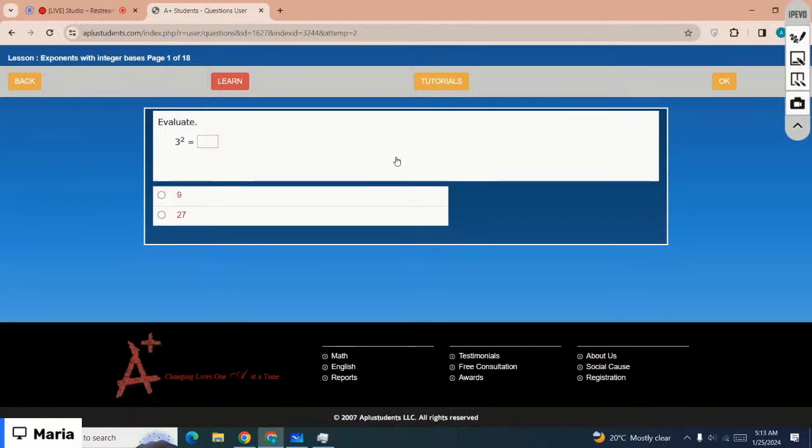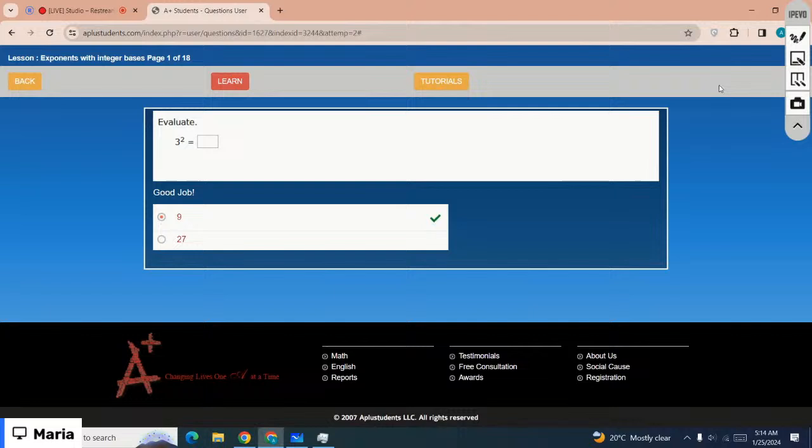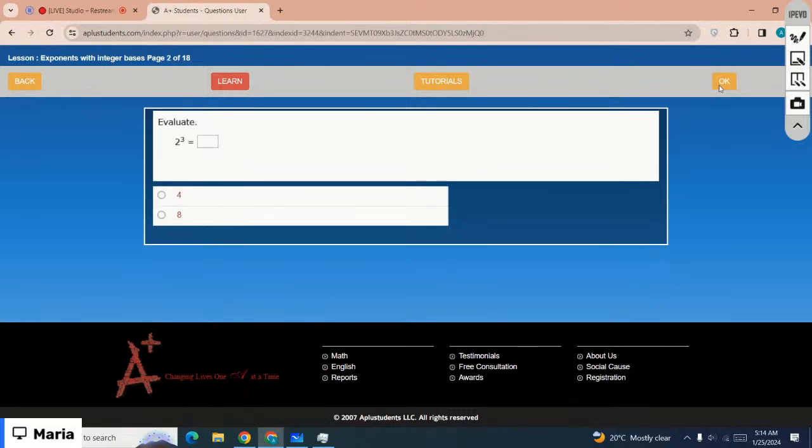3 times 3 is, the correct option is 9. You have to multiply 3 2 times. So the correct option is 9. Got it? 2 exponent 3.